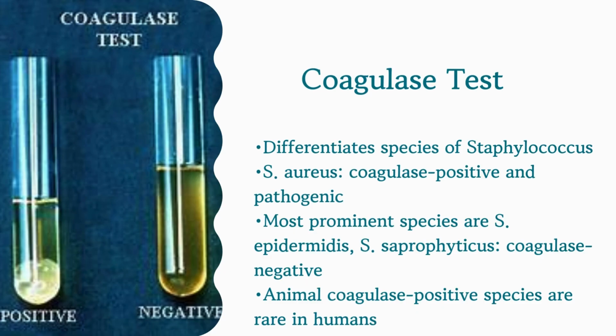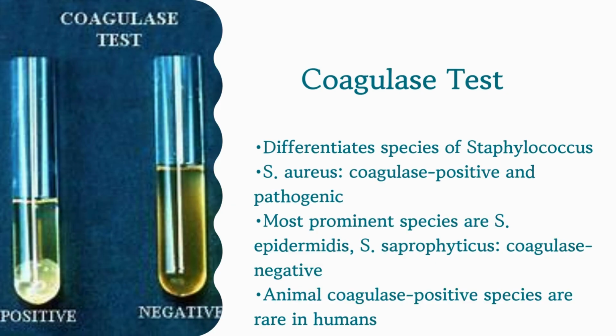You add 0.1 ml of the culture to 0.5 ml of plasma, which may be human plasma or rabbit plasma, and incubate for 4 hours at 37 degrees. Then you see if there is any clot formation or clumping. Any degree of clotting or clumping is positive in this test, because this is a more accurate test, but it is time-consuming.